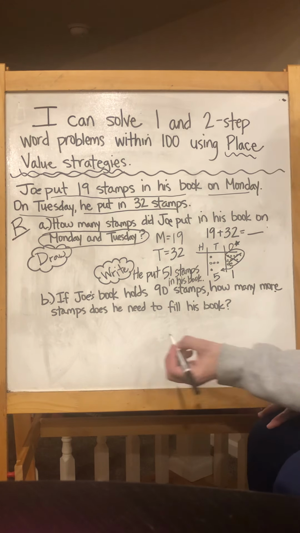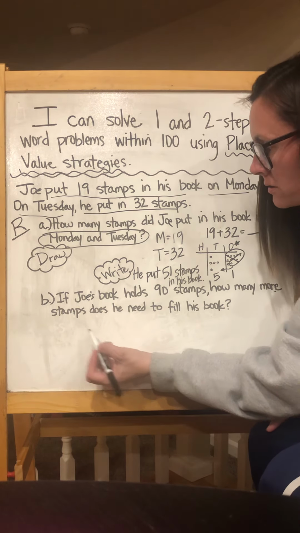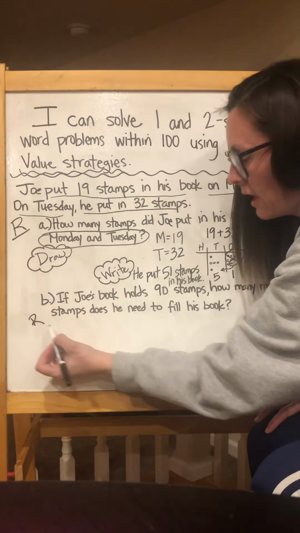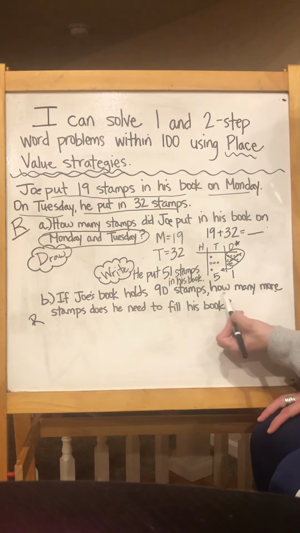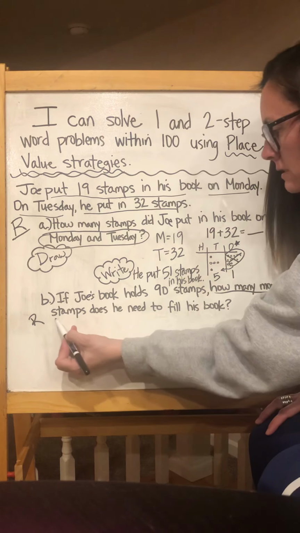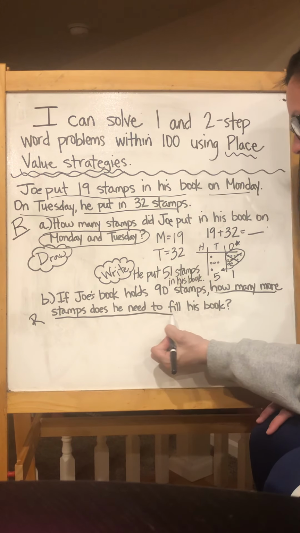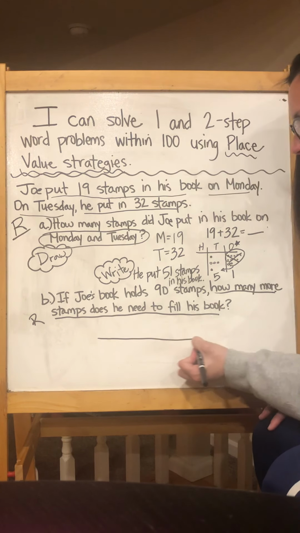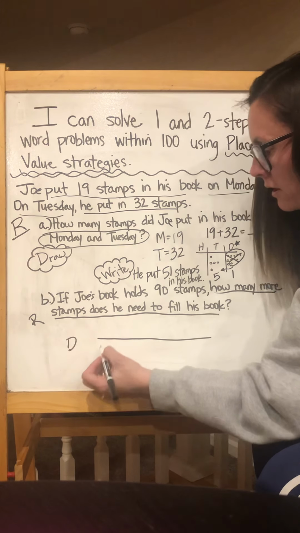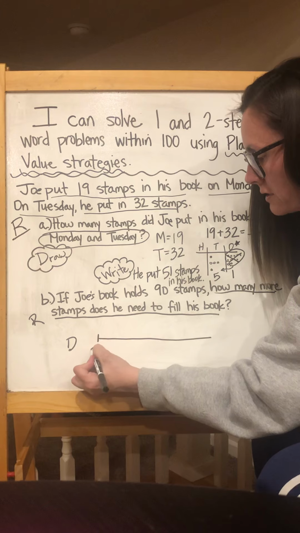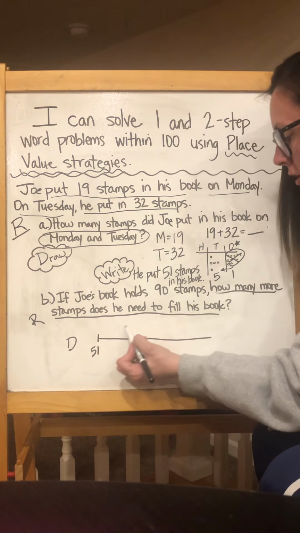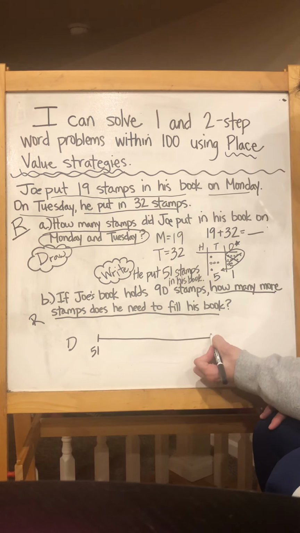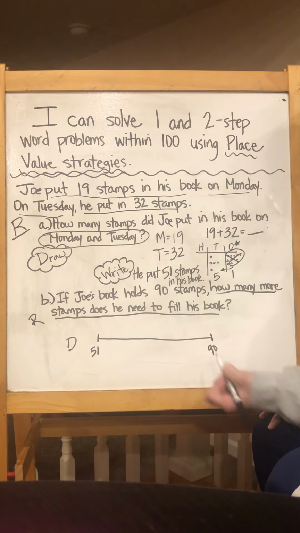Well, I read it, and I'm looking to find out how many more stamps he needs to fill his book. So I know that if on my number line, here's my draw, I'm at 51 stamps, I need to figure out how many more I need to get to 90.